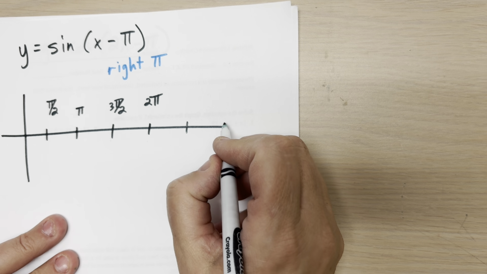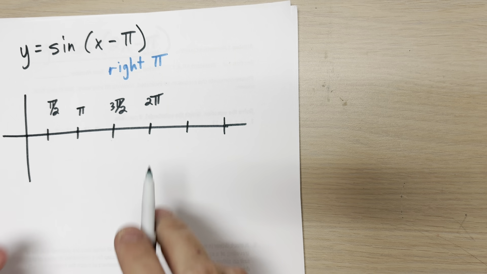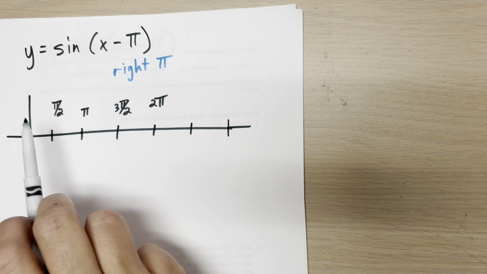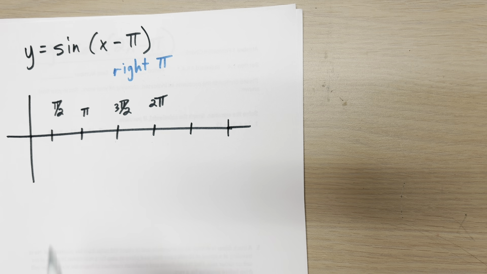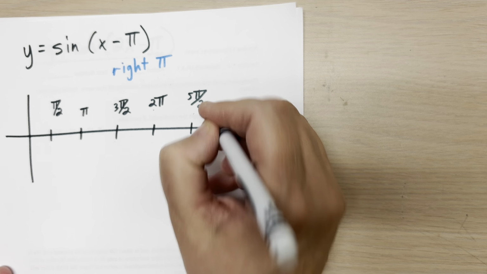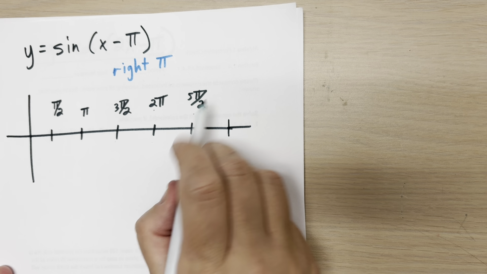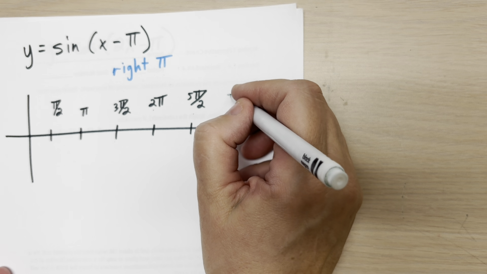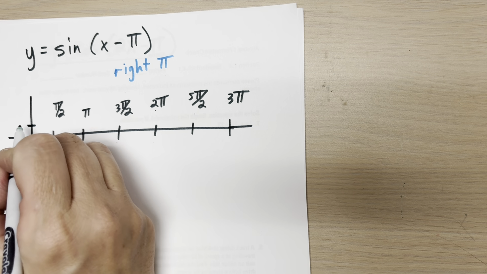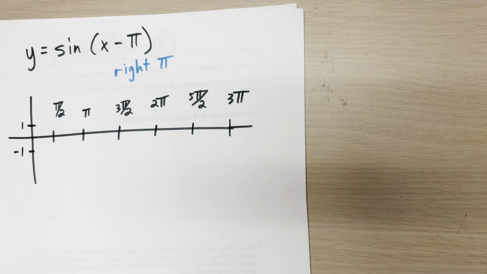I need a fourth and a fifth. But I also need to figure out these values. So if I'm increasing by a half pi each time, this would be 2.5 pi or 5 pi over 2. If I add another half to this, 6 pi over 2 or 3 pi. So let's see how this looks.